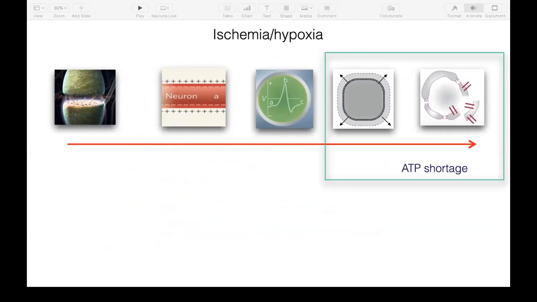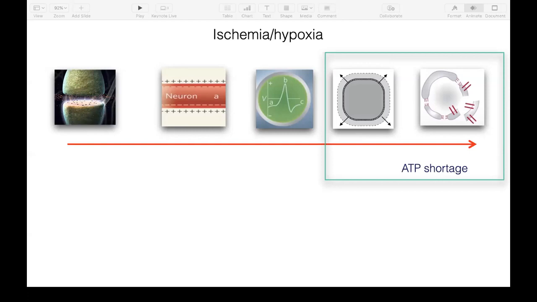Now, finally, and this is already associated with loss of membrane potentials, because that is associated with massive ion fluxes, actually destroying the physiological ion gradients. And that is associated with changes in osmolarity, and neurons will then eventually swell because of the influx of water.